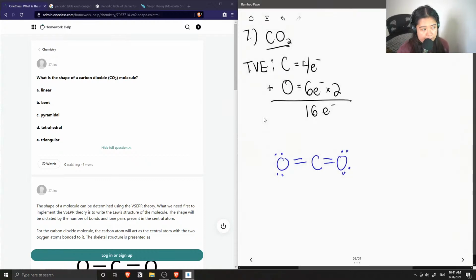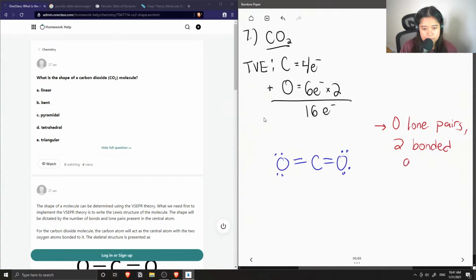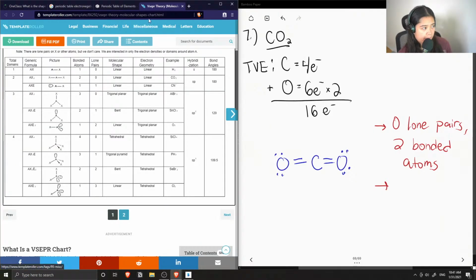So now to find the shape of carbon dioxide, let's look at our central carbon atom. The carbon atom has 0 lone pairs and 2 bonded atoms. So using a VSEPR theory table, we can try to figure out its shape.